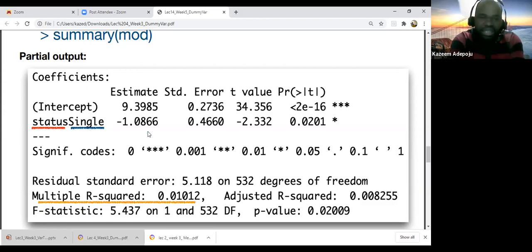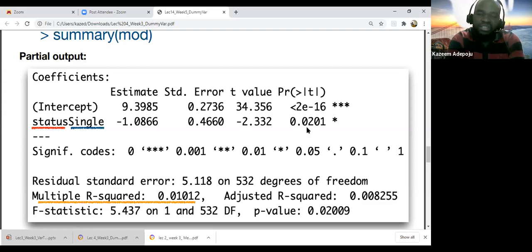Take a look at this right here. This is the estimate of beta 1. This is the standard error. So this divided by this actually gives this, and this is the p-value associated with the test.